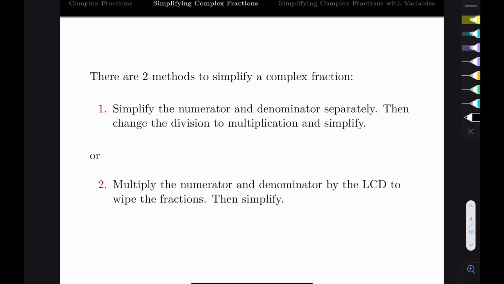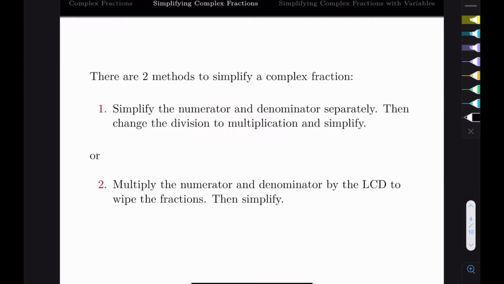So the first option is we simplify the numerator and denominator separately. Once you've condensed it to a single fraction in the top and a single fraction in the bottom, remember a fraction is just indicating division. So I change this division to multiplication and then simplify.